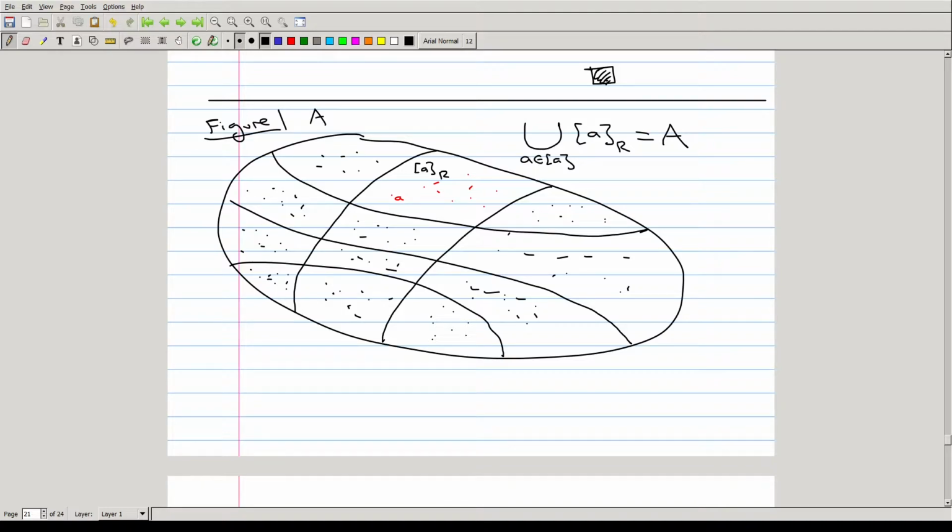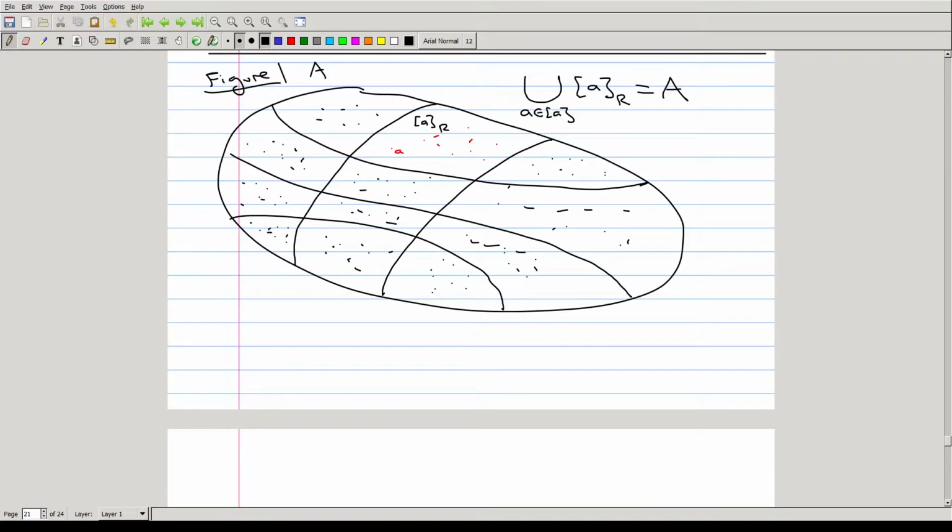So the union of every single one of these equivalence classes gives you the total set itself. But individually speaking, these individual equivalence classes are disjoint from one another. So they split A into disjoint subsets of elements that are equivalent under the given equivalence relation.